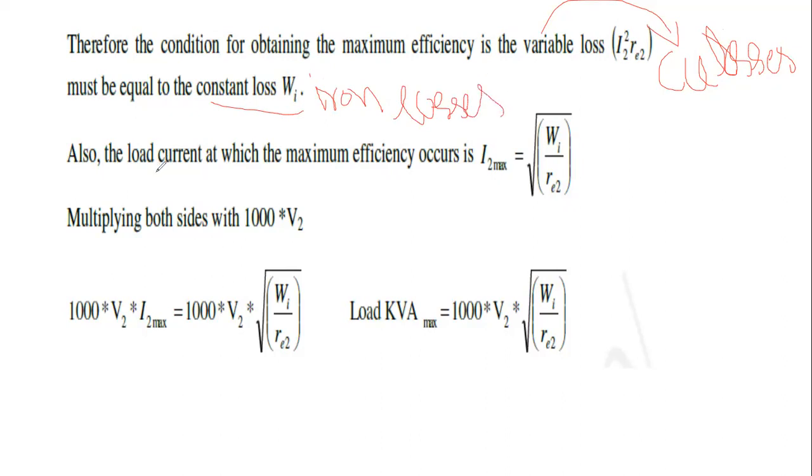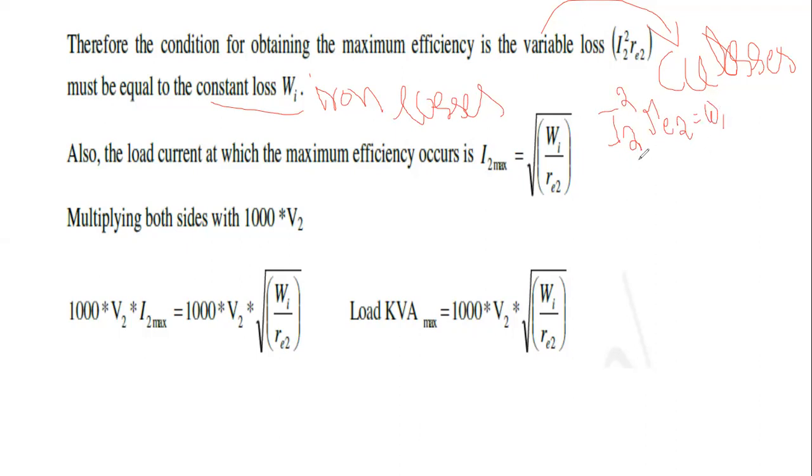Also, the load current at which the maximum efficiency occurs: from this equation, I2 square R2 is equal to Wi.